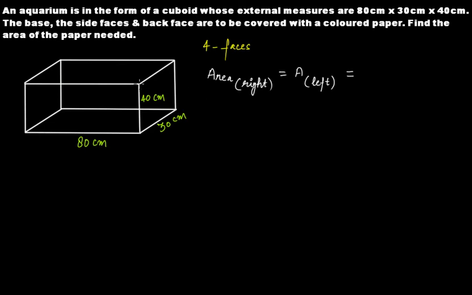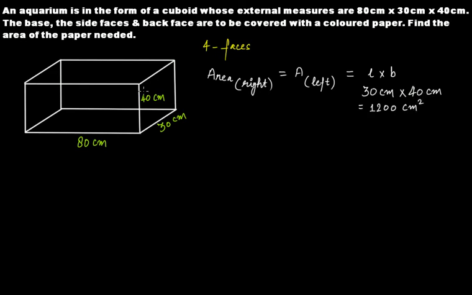So the area of this right one will be what? This is rectangular shaped because it is a cuboid. The formula is length multiplied by breadth. What's the length in this case for this right side face? That is 30 centimeter, multiplied by what's the breadth here? That is 40 centimeter. It means that this will give you 1200 centimeter squared.